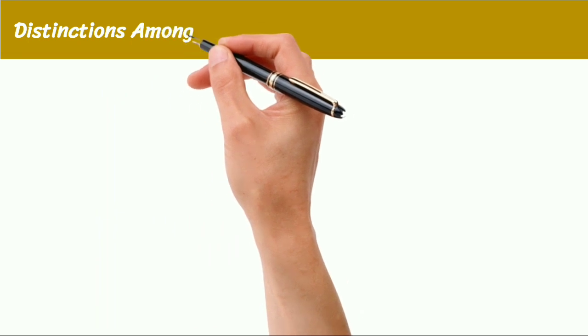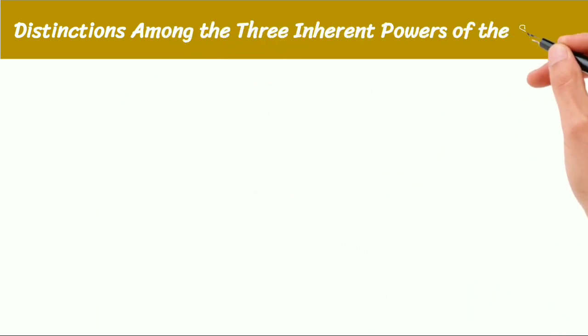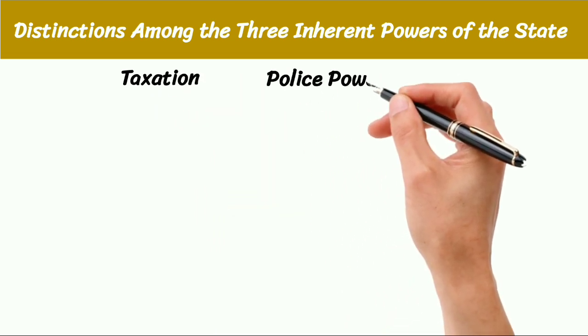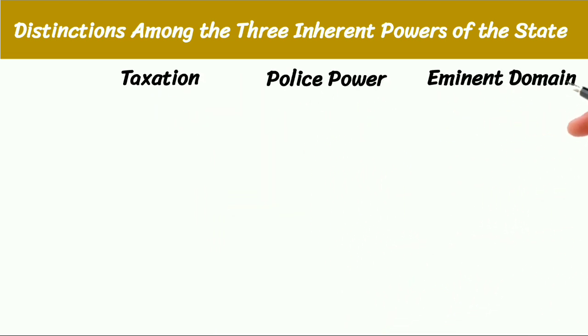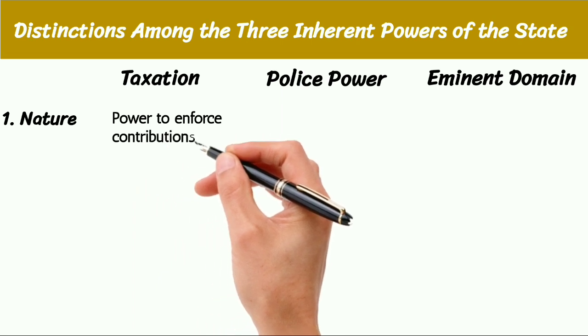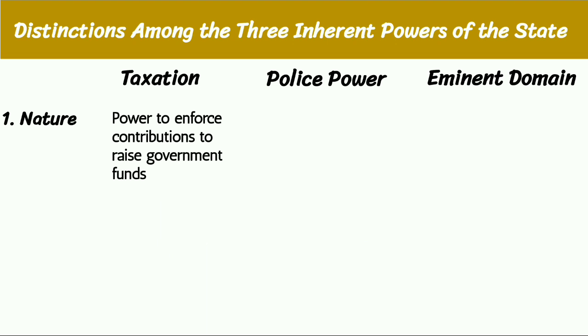Next, let's proceed to the distinctions among the three inherent powers of the state. Kapag sinabing distinctions, ang ibig sabihin niyan ay differences. So, pag-aaralan natin yung pinagkaiba ng tatlong inherent powers of the state. First, as to nature, taxation is the power to enforce contributions to raise government funds.